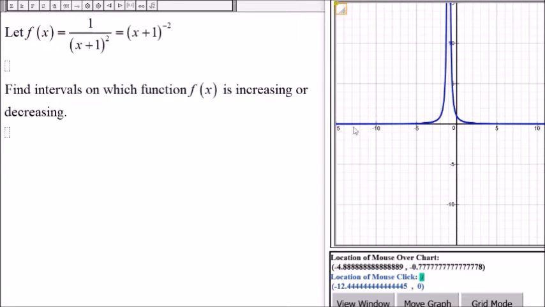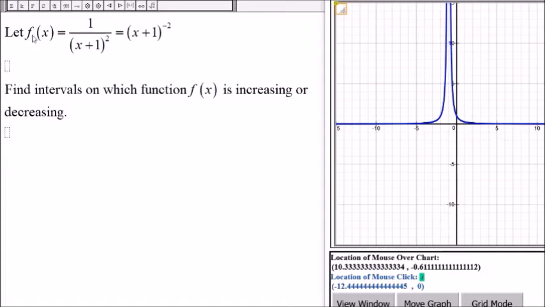So we're expecting to find that the function is increasing on the interval from negative infinity to negative 1. And then the function is decreasing, or the graph is going down, on the interval from negative 1 to the right side, which is infinity.